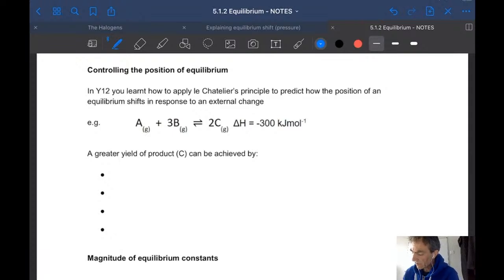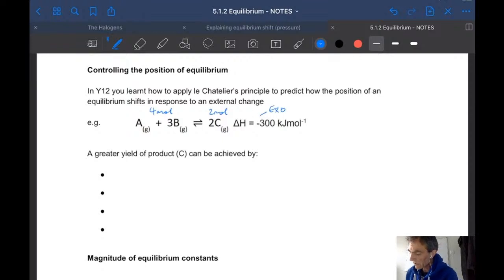So in terms of Le Chatelier's principle, if you want a greater yield of product C, how could you achieve that? So the thing we need to look at is what's the sign of the delta H? It's negative, so it's an exothermic reaction, the forward reaction is. You've got all gaseous, so for pressure, remember we look at the number of moles each side, so we've got 4 moles on the left, we've got 2 moles on the right.